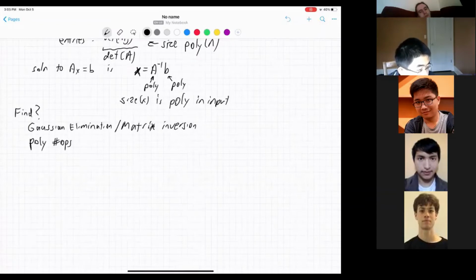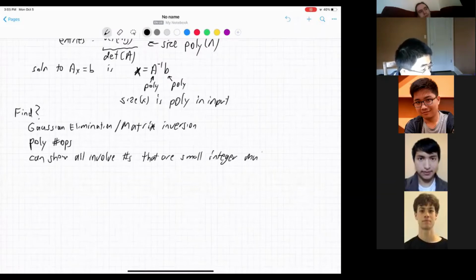If you think about how these are performed, these do involve a polynomial number of operations. And you can show that they all involve numbers that are small integer multiples of the determinant.